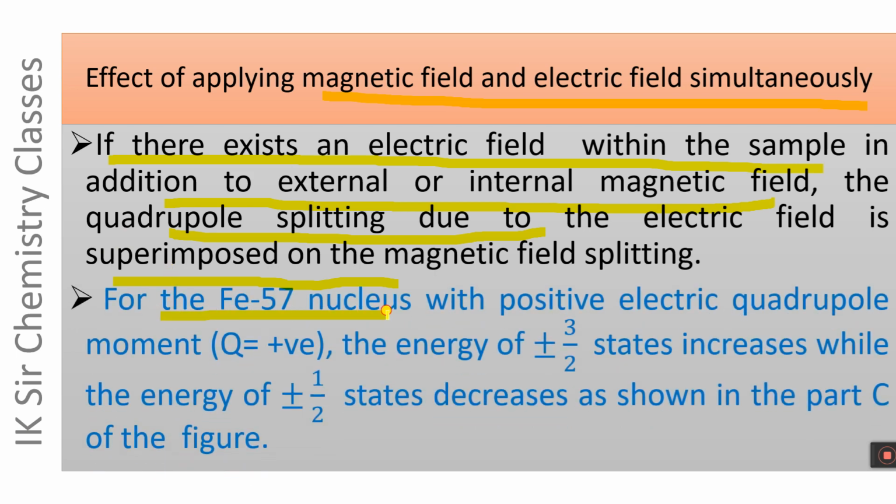For the Fe57 nucleus, the electric quadrupole moment Q is positive, and in this case, on applying electric field, the energy of Mi equals plus or minus 3/2 states increases, while the energy of Mi equals plus or minus 1/2 states decreases, as shown in part C of the figure.